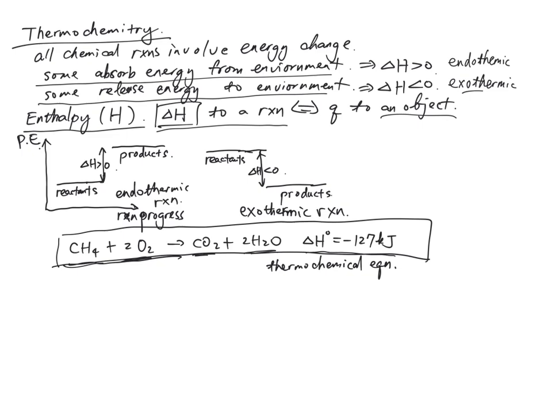And if you search a chemistry index, and for our textbook, if you search the appendices where it has thermochemical reaction data, you can find a lot of chemical reactions that already come with the delta H value. All right, so now how did we get these values? How did we get the delta H values for a given chemical reaction?